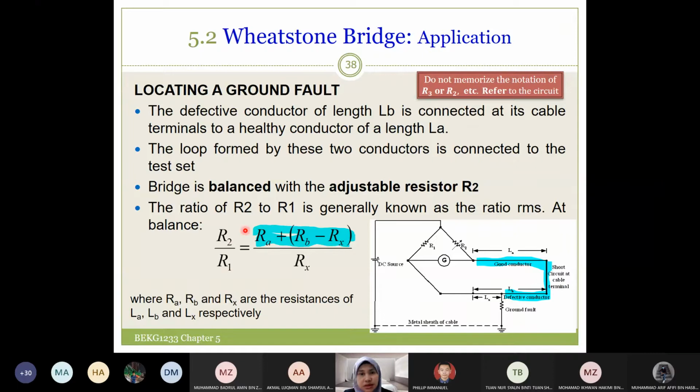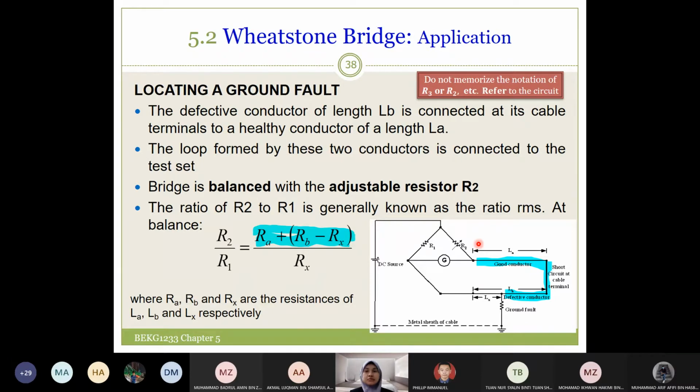Ratio arms. At balance, we know that R2 divided with R1 is equal to the green path divided with Rx.